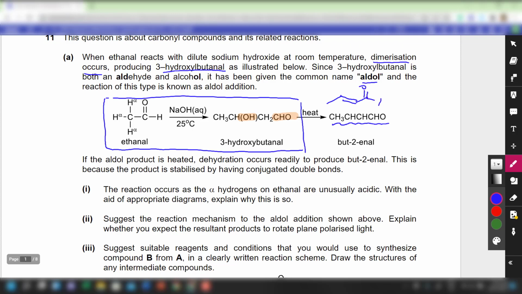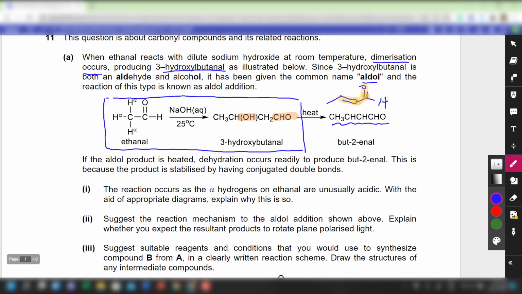Okay, yeah. So what you are getting here is an aldehyde that is conjugated. Okay, so I'm going to show you the conjugation. So this is a C=C double bond conjugated with a C=O double bond over here. Yeah, so this kind of conjugated aldehyde system is very stable.